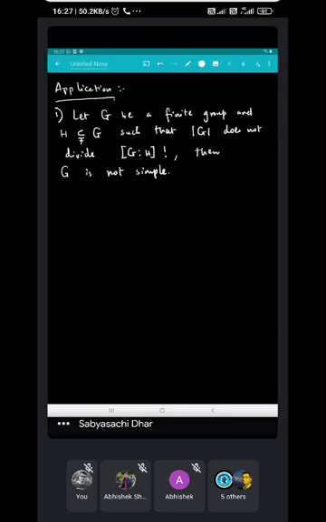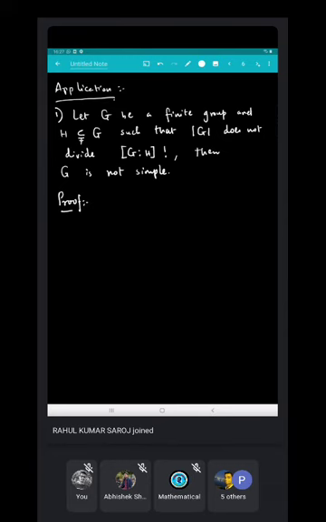Okay. So how does one prove this? It is just an application of Cayley's theorem.